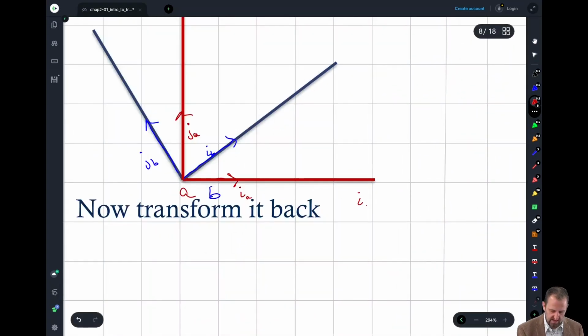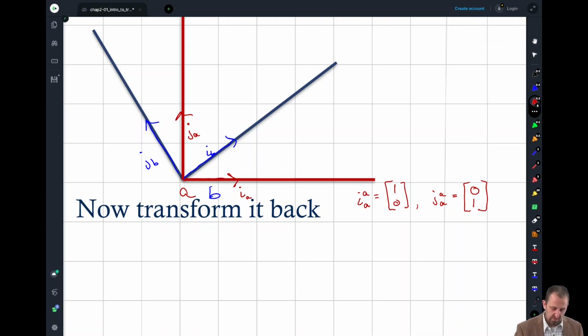So I^A is just going to be our elementary vector 1, 0. And J^A is going to be equal to our elementary vector 0, 1.